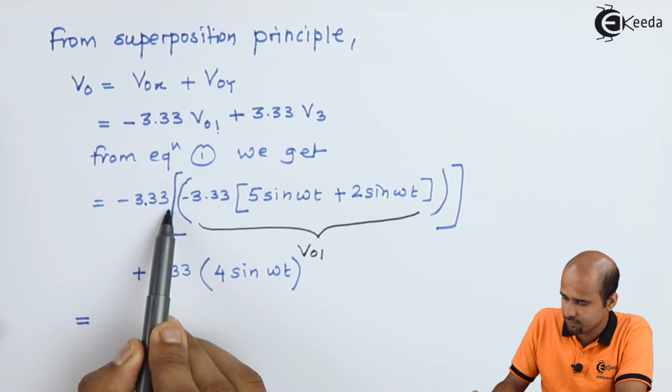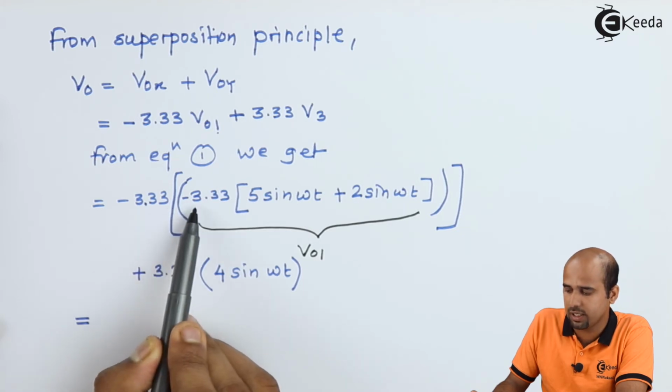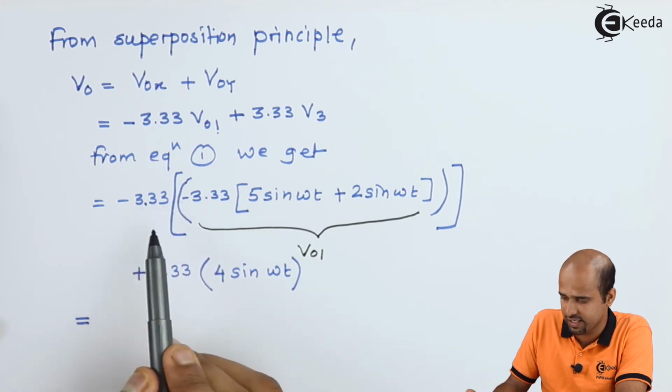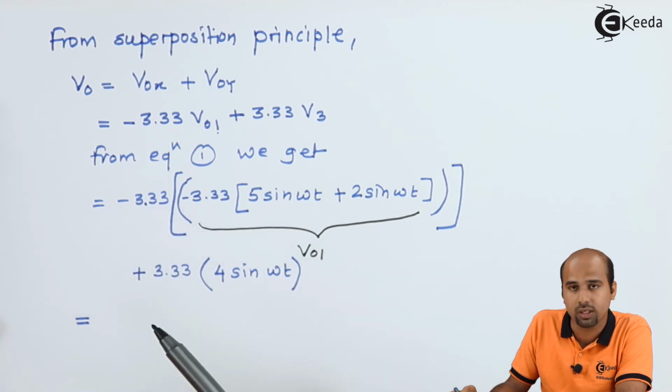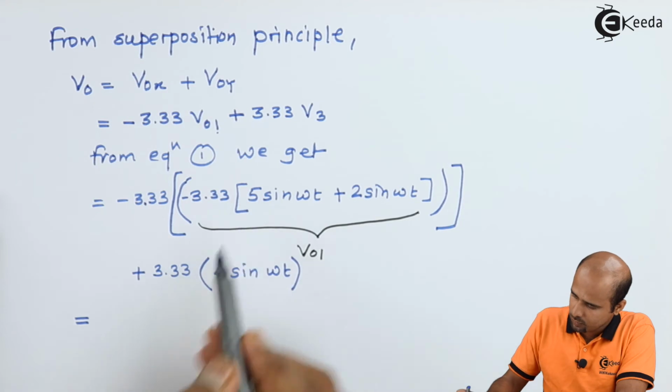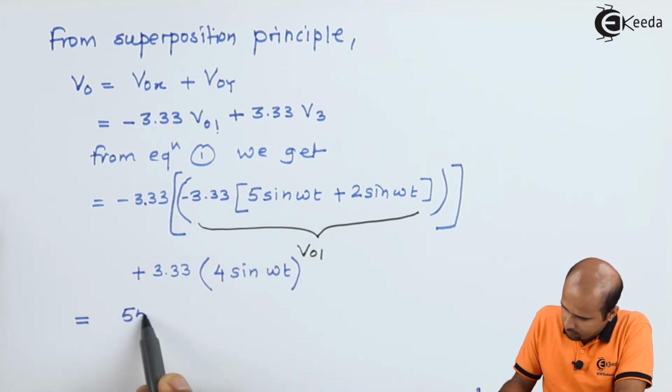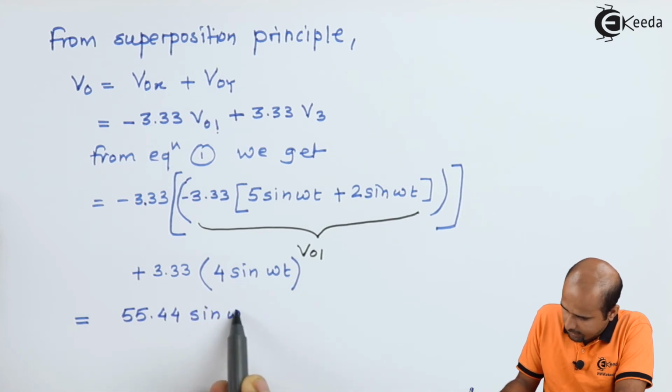3.33 multiplied by 3.33, minus minus will get cancelled, and altogether we will be getting completely addition. This we will be getting 55.44 sin omega t.